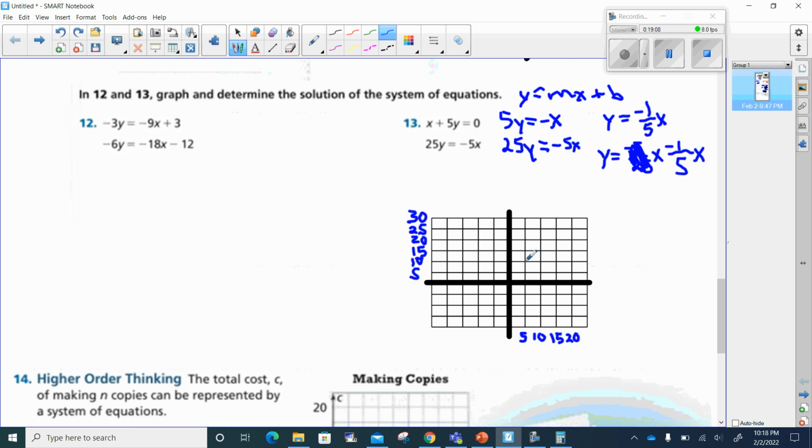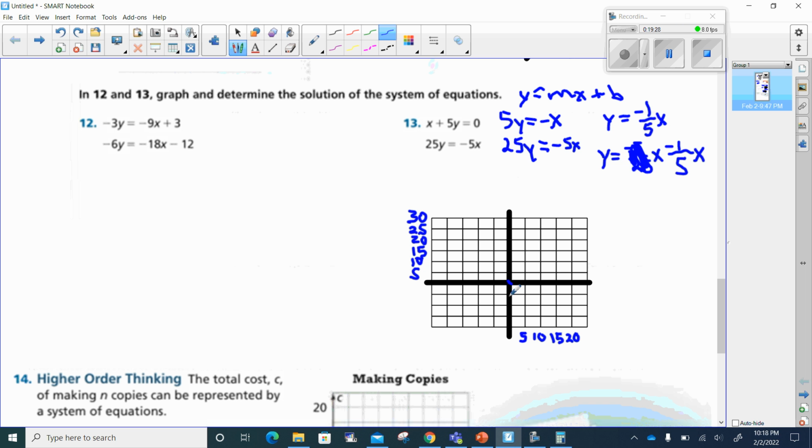It says to graph them, so both of these are going to be the same. They don't have a y-intercept, so it starts at 0 and it goes down 1 and over 5.